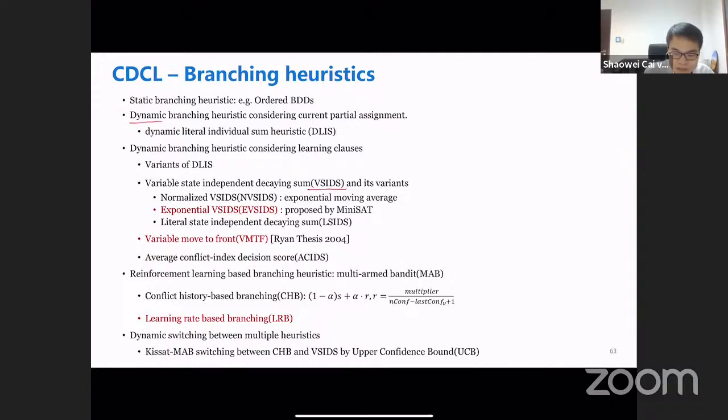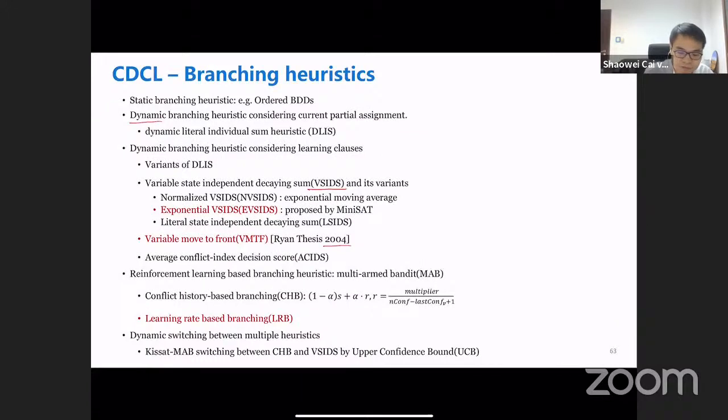For example, an important heuristic is VSIDS, and its variants NVSIDS and EVSIDS, especially this exponential VSIDS proposed in MiniSat, which is a very popular one in modern CDCL solvers, and I will introduce it later in detail. And in 2004, we have another one, VMTF, variable move to front.